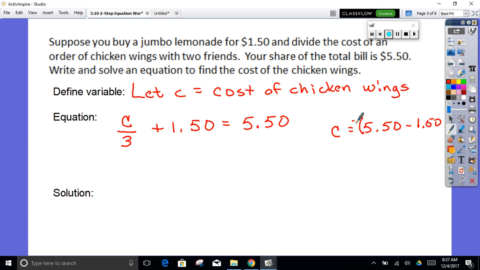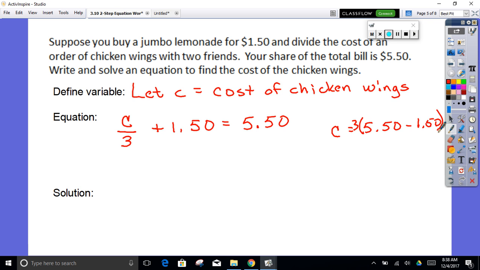So what you did was you basically solved the 2-step equation for the variable already, in a way. You went through all the steps. You did 550 minus 150, and then you multiplied times 3. I want you initially to show me this equation, but this is an equivalent equation, and this is an equation you can solve to find the answer. So it's not wrong, but I'd rather have you start with the simplest form of the equation.